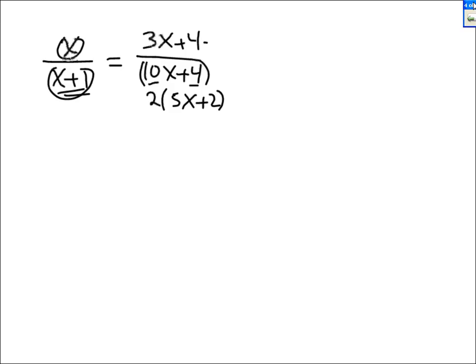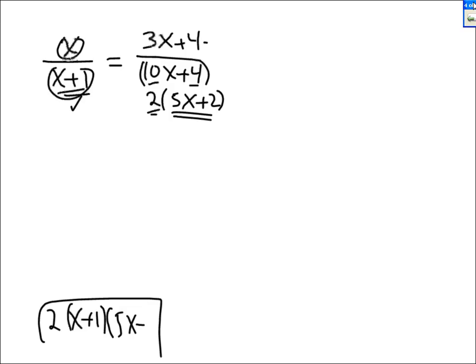But it wasn't. So we need to write down the x plus 1. We need to write down the 2. And if this was also x plus 1, we wouldn't have to write it down again, and this would have been our LCM. But it's 5x plus 2, and we must write it down.